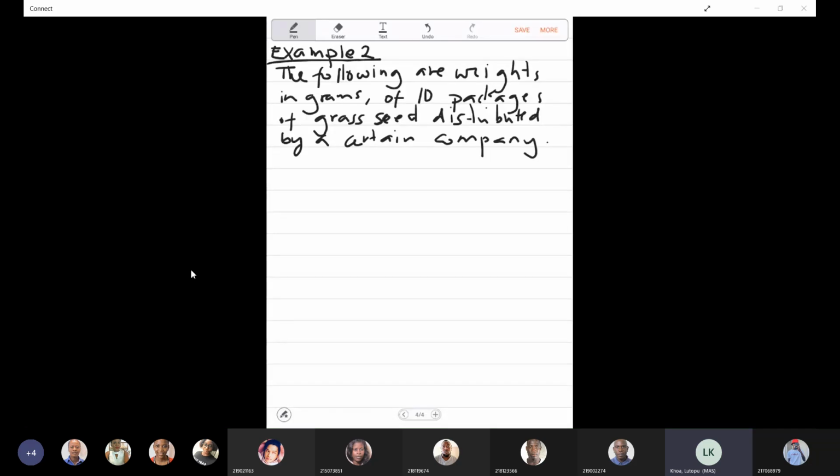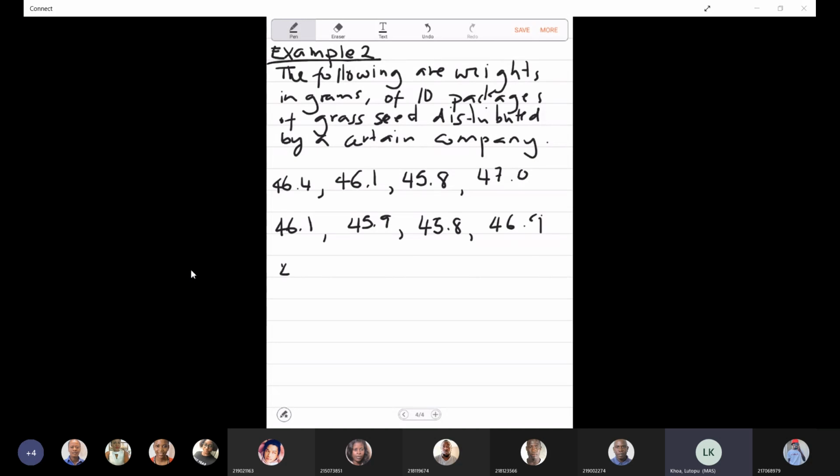So the values are 46.4, 46.1, 45.8, 47.0, 46.1, 45.9, 45.8, 46.9, 45.2, and 46.